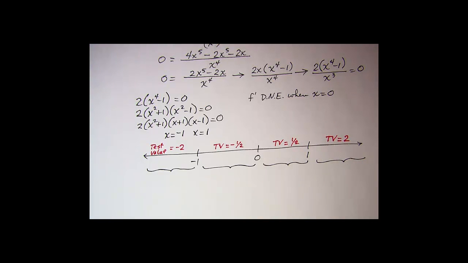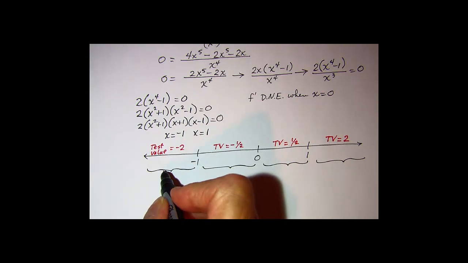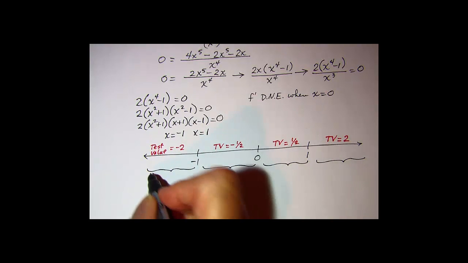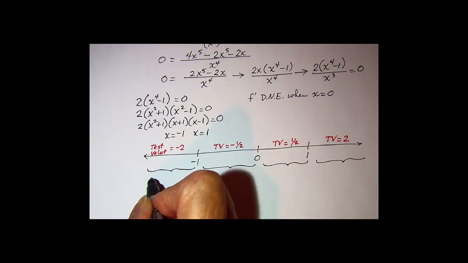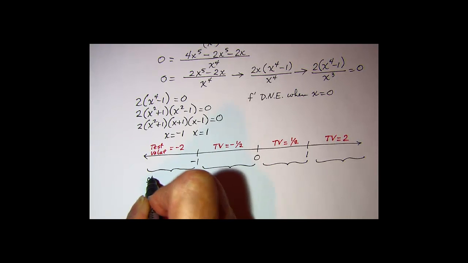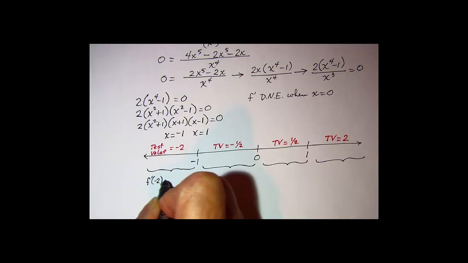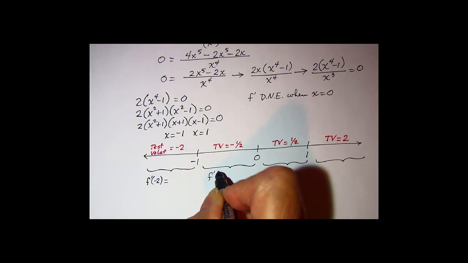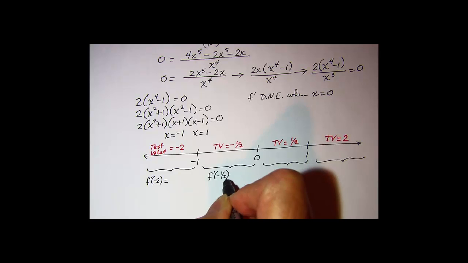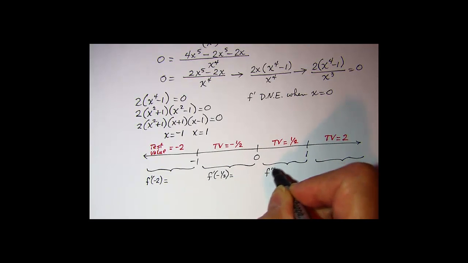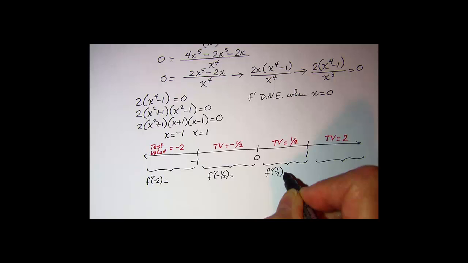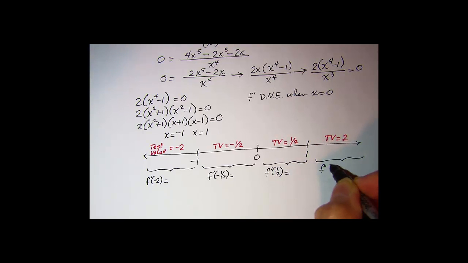And then we want to figure out the sign of the derivative in each of these intervals by plugging in the test value. So f prime at -2, f prime at -1/2, f prime at 1/2, and f prime at 2.